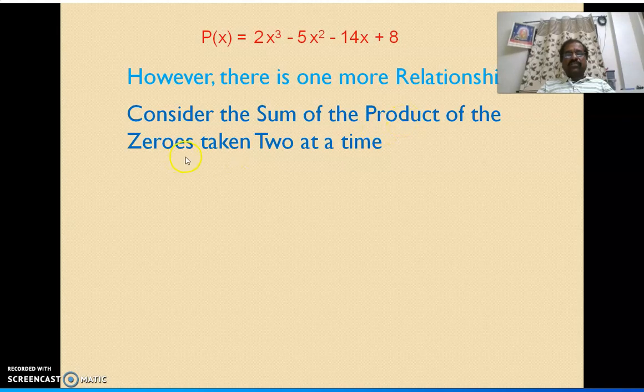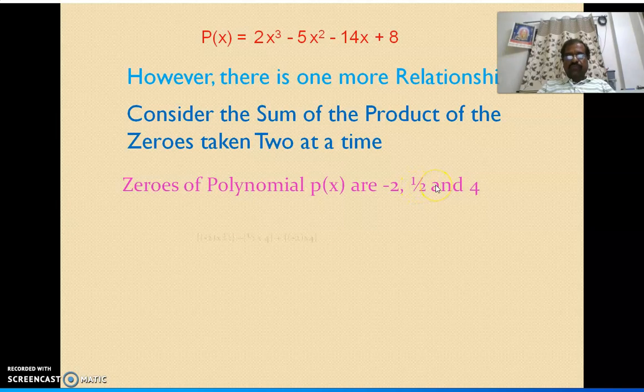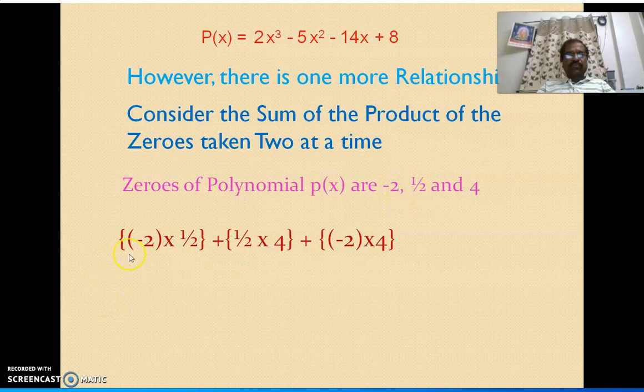So 2 zeros multiplied and then summed. The zeros of the polynomial are minus 2, 1 by 2 and 4. So taking 2 at a time: minus 2 into 1 by 2 plus 1 by 2 into 4 plus minus 2 into 4. This is equal to coefficient of x by coefficient of x cube.